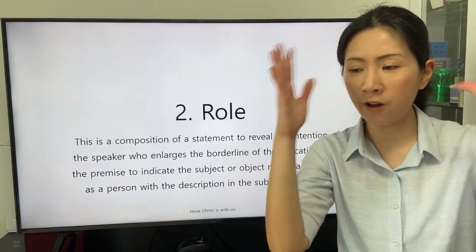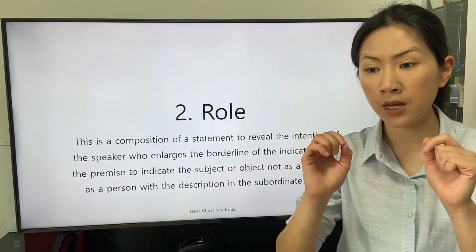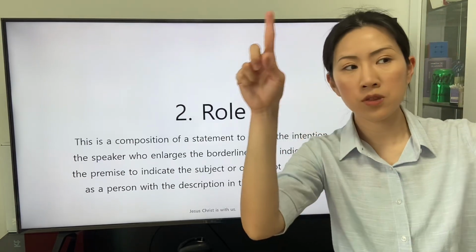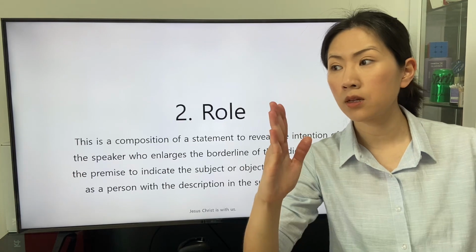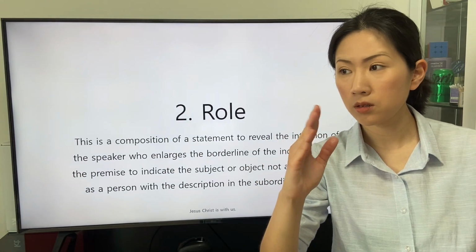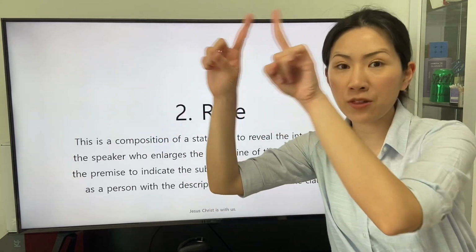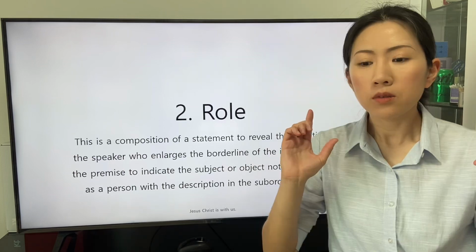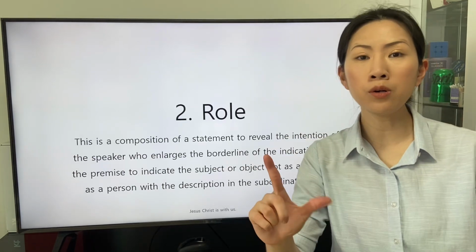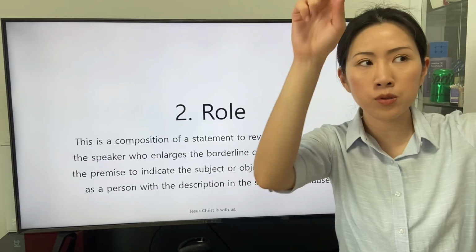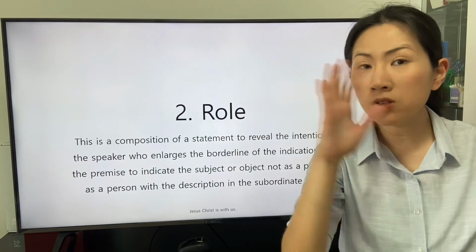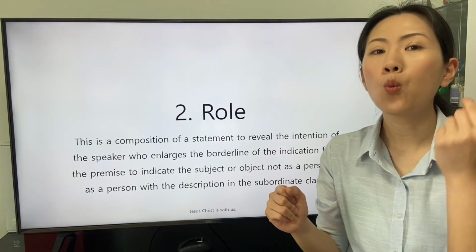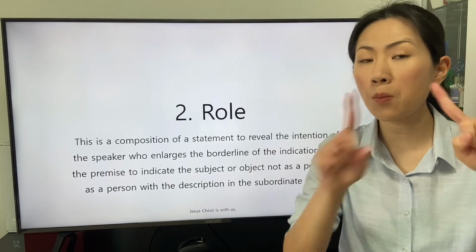In the category of stationery, there can be a borderline of an eraser like this, and the borderline of the eraser is distinguished from the other borderline of a pencil. The speaker who intends to enlarge the borderline, the indication of a general noun eraser, does so with the description in the subordinate clause.